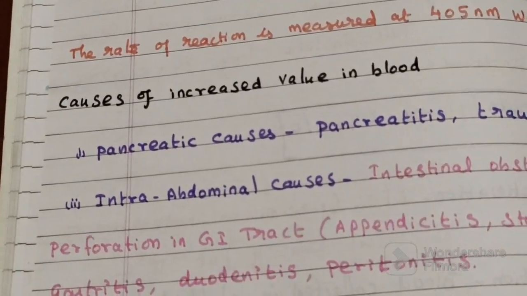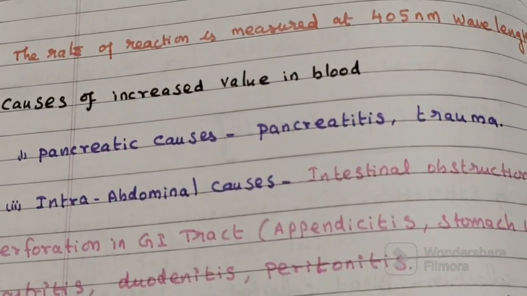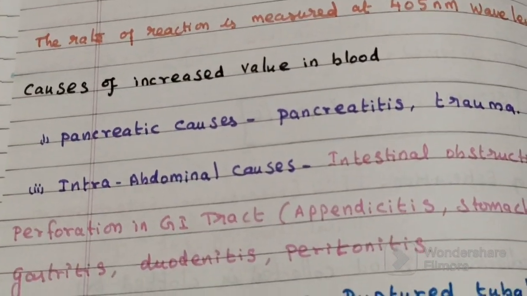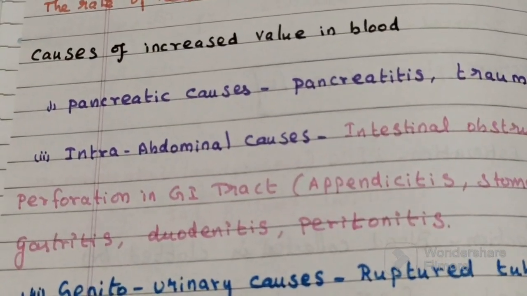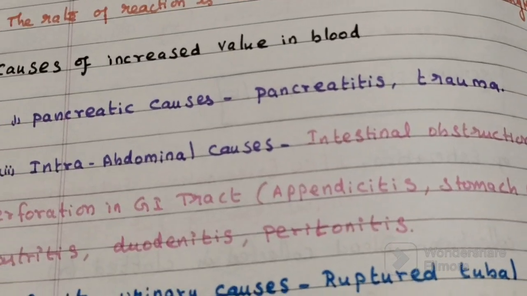Now, causes of increased amylase in blood or plasma. What are the causes? First, pancreatic causes: pancreatitis or trauma.